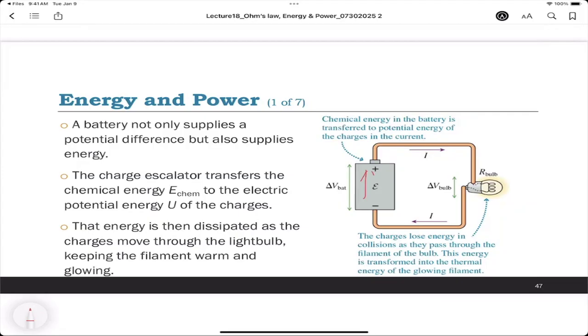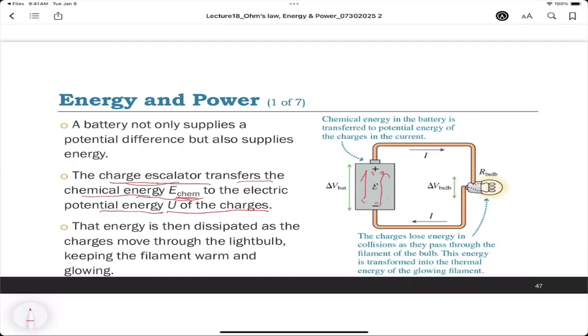The charge escalator transfers the chemical energy, which we call E chemical, to the electric potential energy U of the charges. In the battery there are some chemicals, and these chemicals can escalate the charge from the negative to the positive, which means the charge escalator transfers chemical energy to electric potential energy.